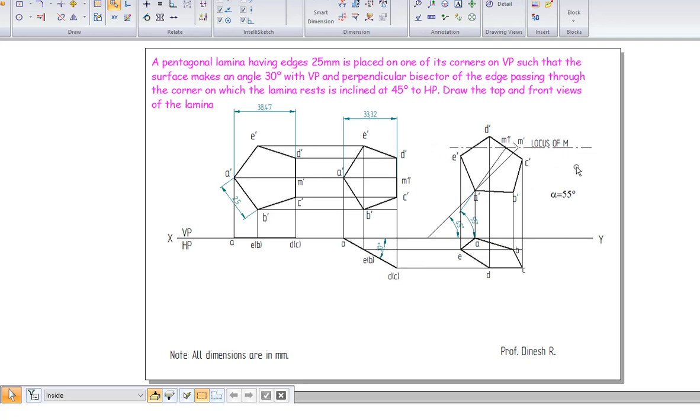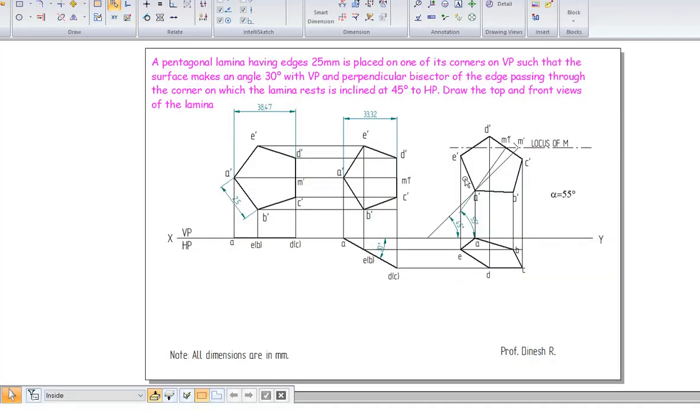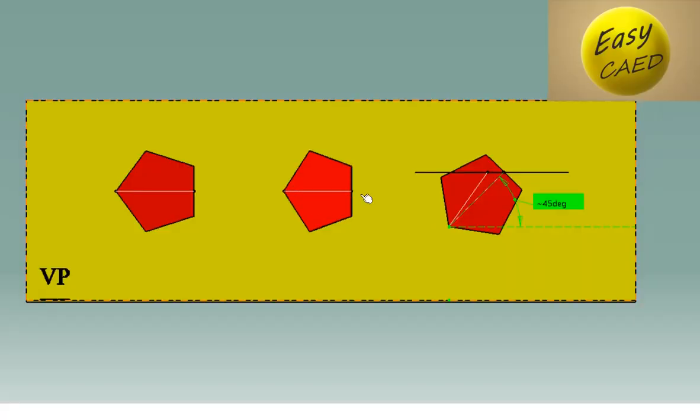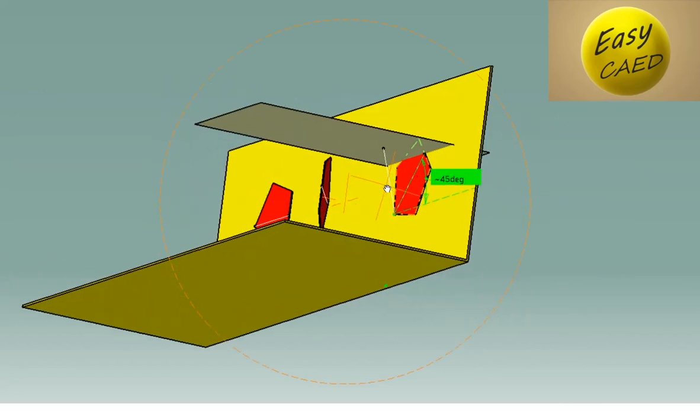Then we are going to draw the locus. That locus is nothing but the surface. Then we are going to find the apparent length, that means A dash to M1 dash. Here I am going to cut this A to M, which is inclined 30 degrees. So the line which has been drawn has 30 degrees with respect to VP.